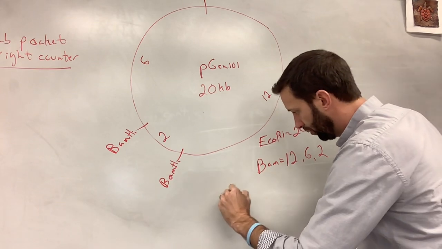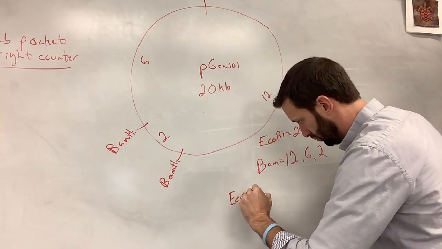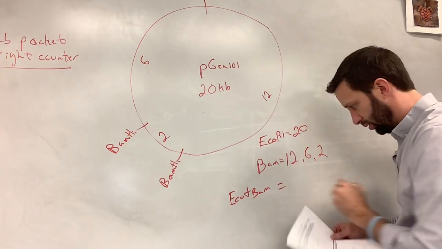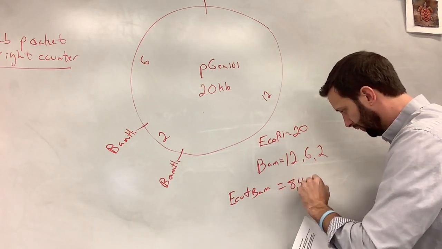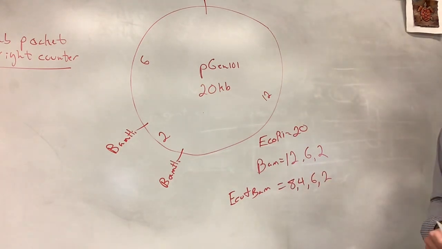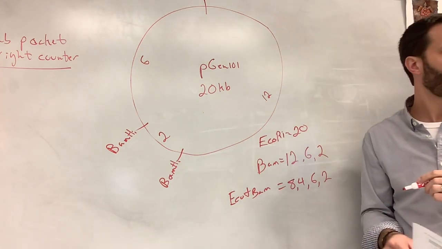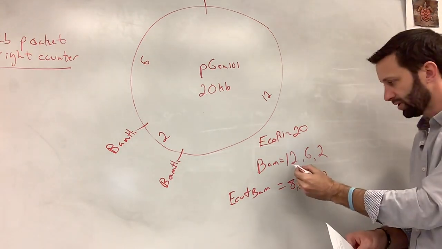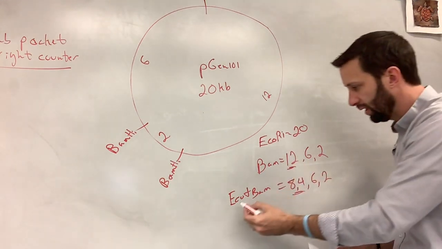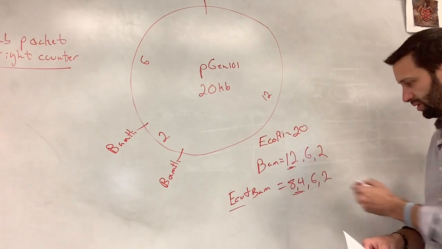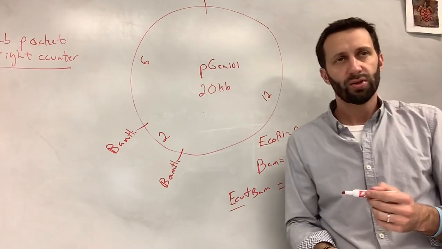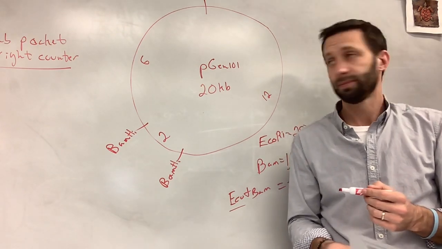But when you cut it with both of them, you wind up with an 8, a 4, a 6, and a 2. So where do you think EcoRI cuts? Somewhere in the 12. So it's cutting the 12 into an 8 and a 4. When you added the EcoRI, the 6 and the 2 are still there, but that 12 is no longer there. It's switched into an 8 and a 4.